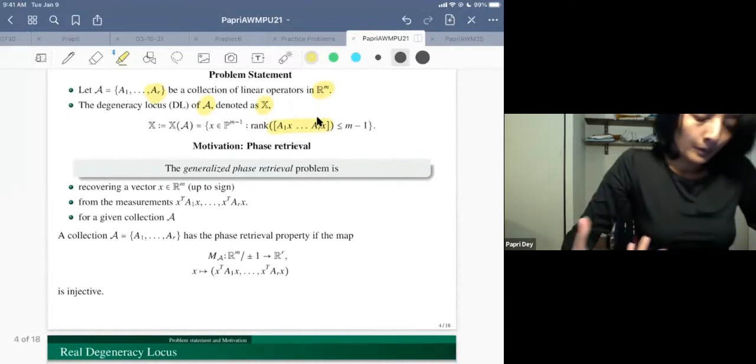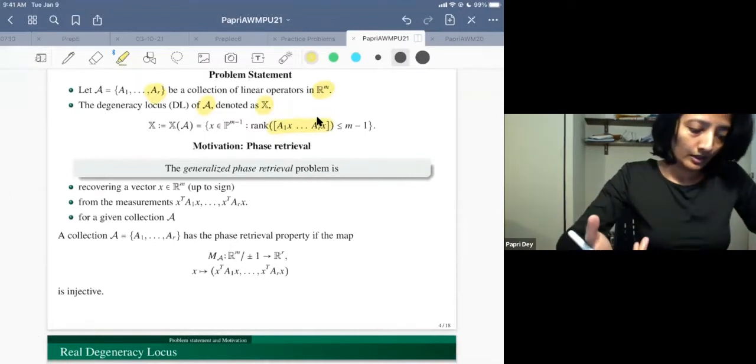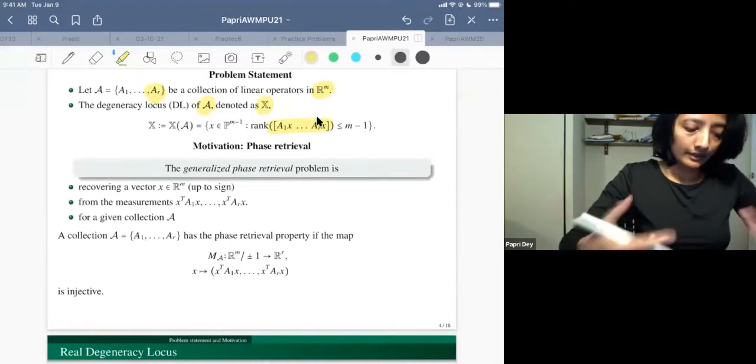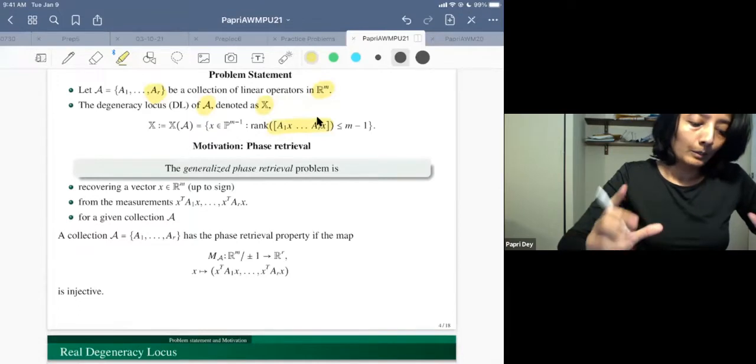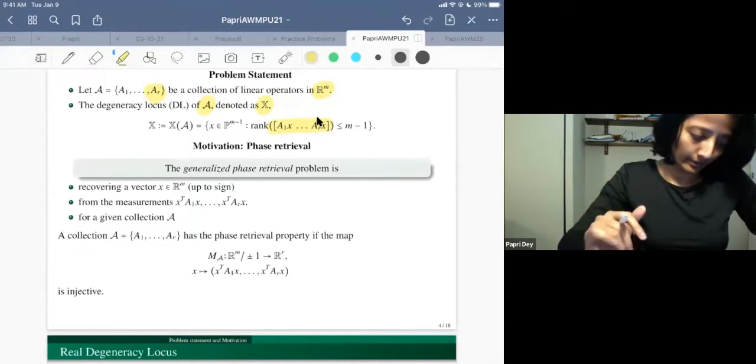The problem of looking at the degeneracy locus of a collection of matrices or linear operators is motivated by some results in phase retrieval.